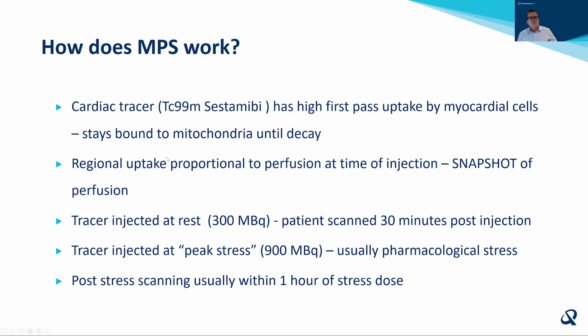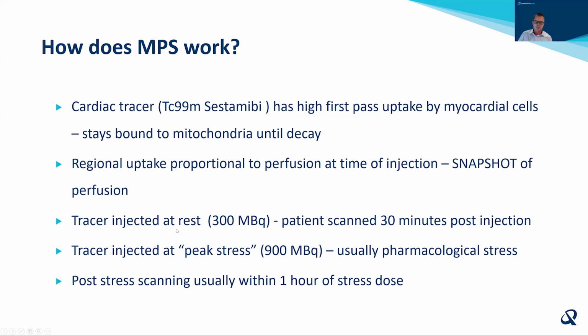So how does MPS basically work? So first of all, we use a cardiac tracer, and that's almost always sestamibi. And the sestamibi has a very fast uptake by myocardial cells, where it's bound to mitochondria until it decays. So the regional uptake we see in the images is proportional to perfusion at the time of injection. So it takes a snapshot of perfusion at that moment in time.